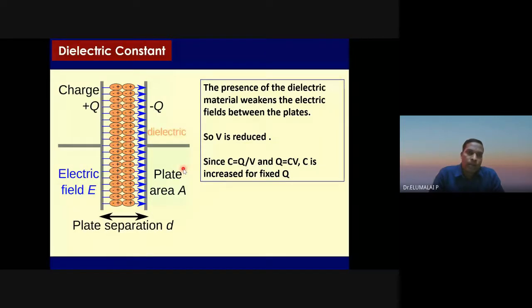Compared to air, if you have ceramics, for example silicon carbide, or mica, or any oxide, maybe barium titanate, there is a very large difference. It is possible to manipulate.